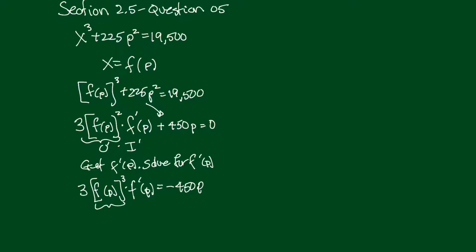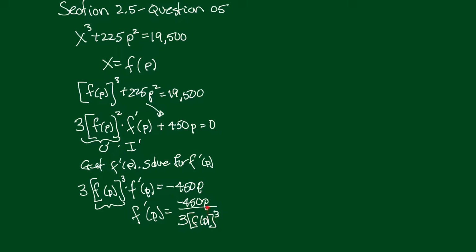So we will get f prime of p equaling negative 450p over 3 times f of p cubed.